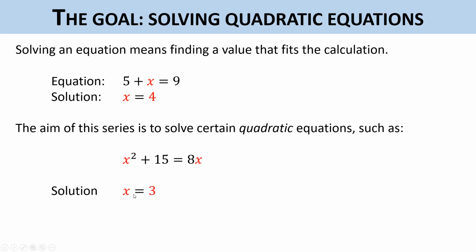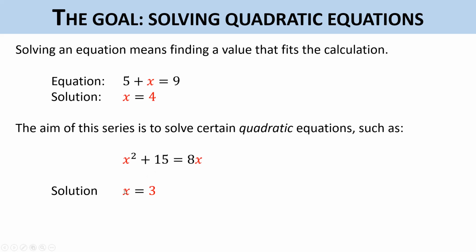The first solution is that we replace x by the number 3. And we can check that this works, because if we change this x into 3 and the other one into 3, then we get 3 squared plus 15 is 8 times 3. Is that true? Well, 3 squared is 9, 8 times 3 is 24, so this says 9 plus 15 is 24, and that is correct.